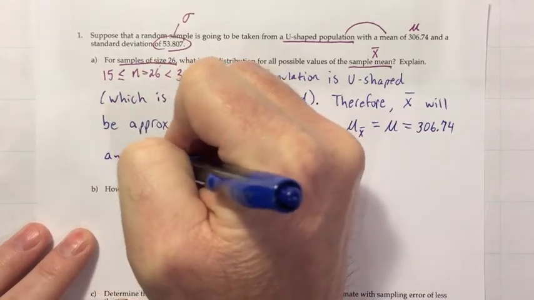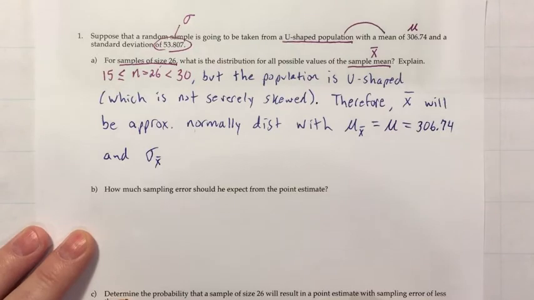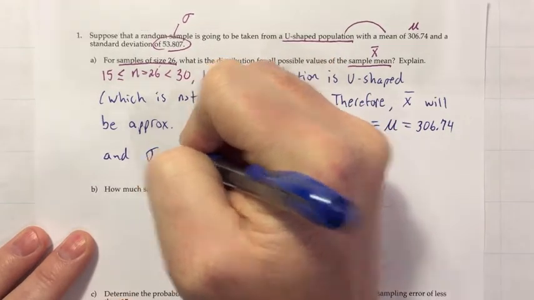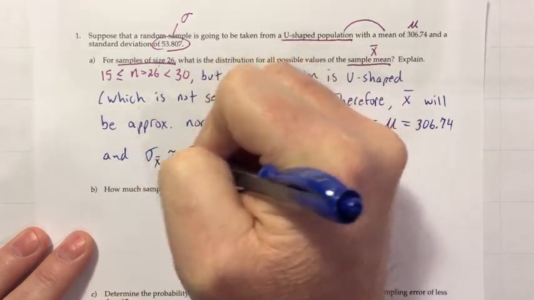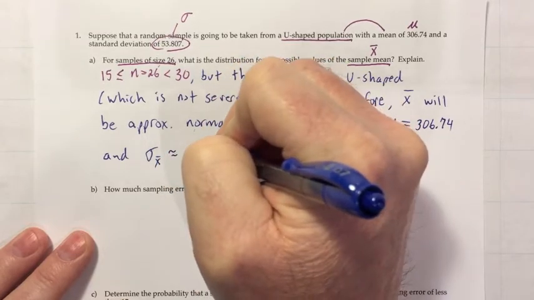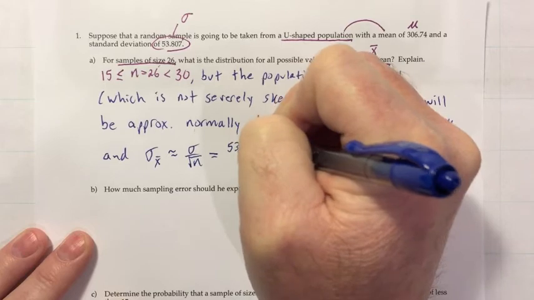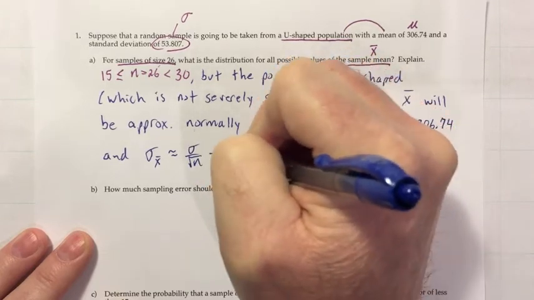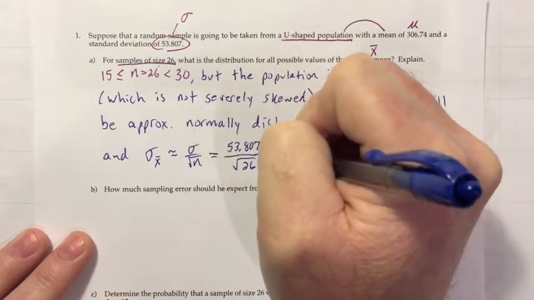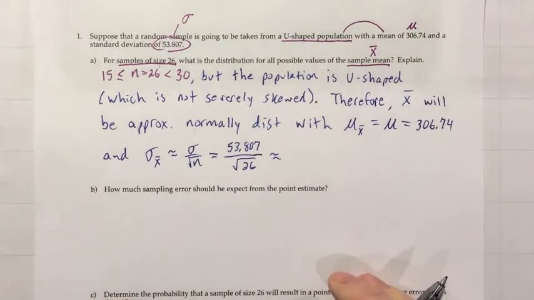And then we'd want to give the standard deviation as well. And our variable is x bars, so we're looking for the standard deviation of the x bars. If you look at your formula sheet, that is approximated by sigma over root n. And we have our sigma up above. It's 53.807. Divide that by the square root of our sample size, which was 26. And then we'll have our standard deviation.